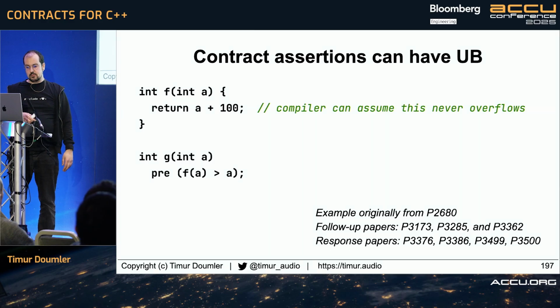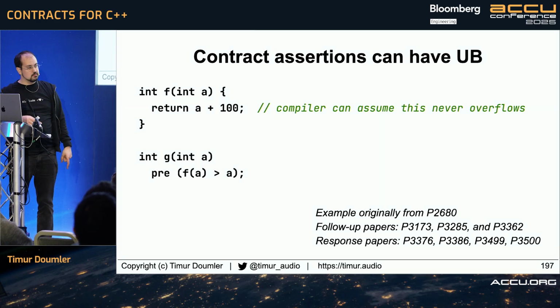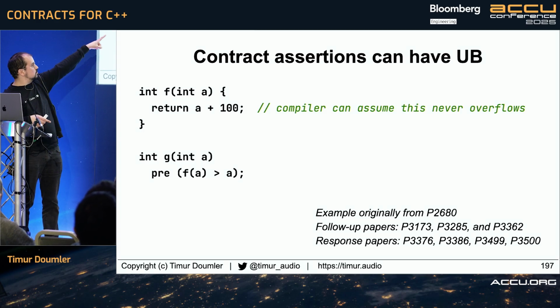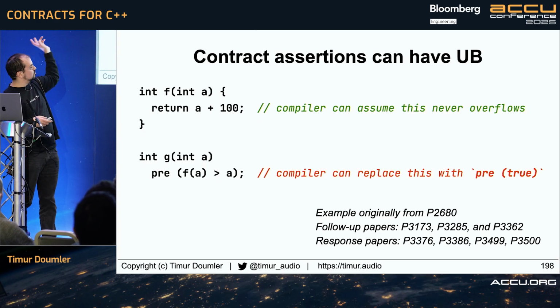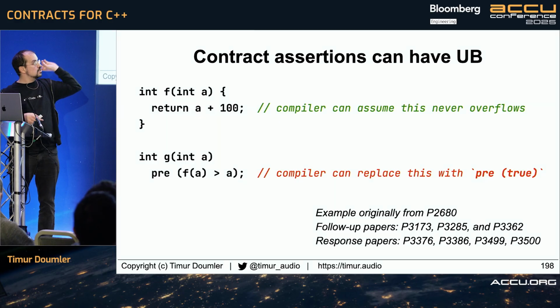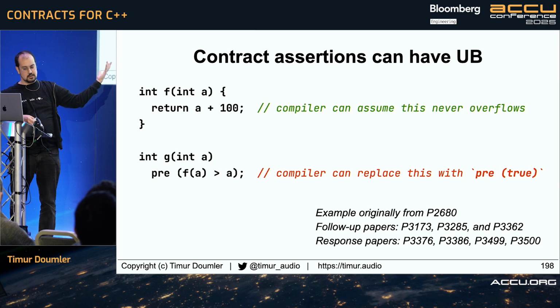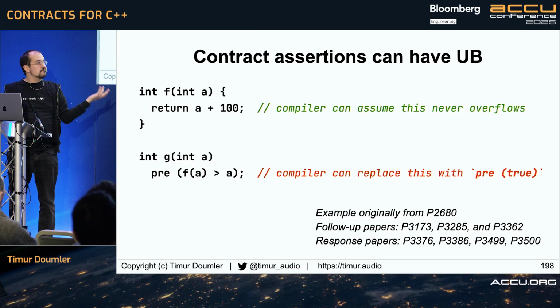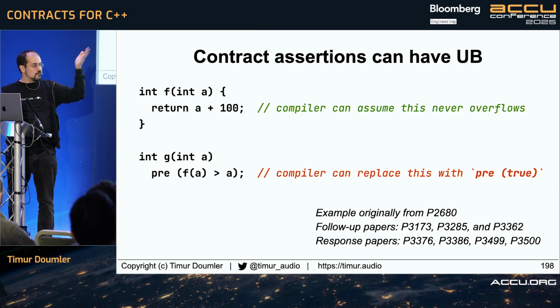So it can assume that f always returns a bigger number than the one you passed in, so it can reason about pre always being true and actually just replace this with pre-true and remove this whole thing entirely, even if it's enforced, because UB can never happen and the compiler can optimize on the assumption that it never can. So are contract assertions not safe because of this? People were saying, oh, you have to find a way to fix this. Well, this is just how the language works.